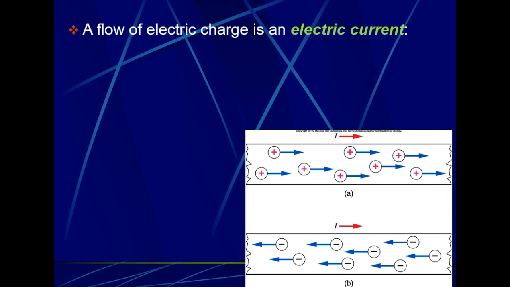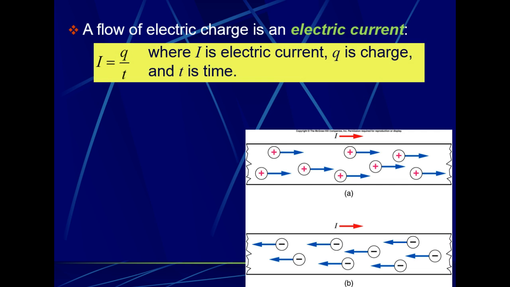So, backtrack a little bit. Electric current. If you can imagine that we put a gate across and we counted the number of charges as they came through, kind of like you do at a concert, the amount of charge that comes through in a given amount of time is the current.